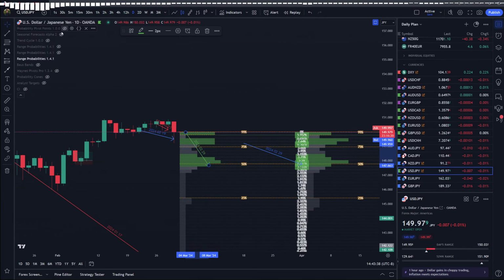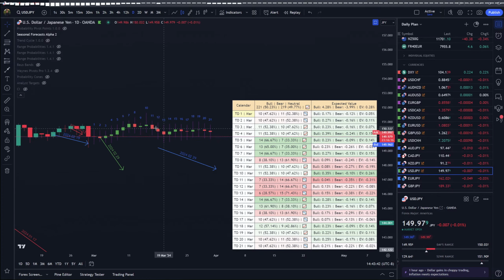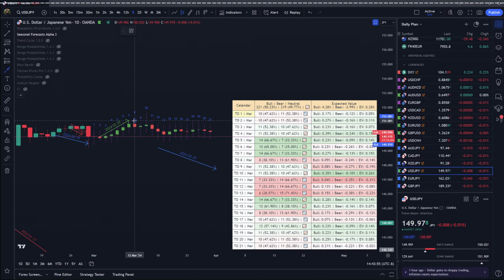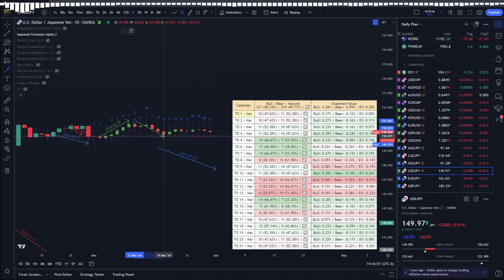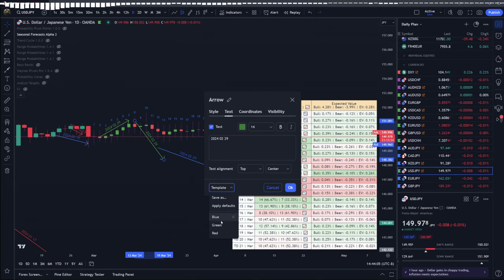Let's go ahead and pull up our seasonal forecasts. So up, then down, and then sideways. So it goes up into the 7th trading day here, net, and then from there down into the 13th. Probably a bit more aggressively. Update this to red.